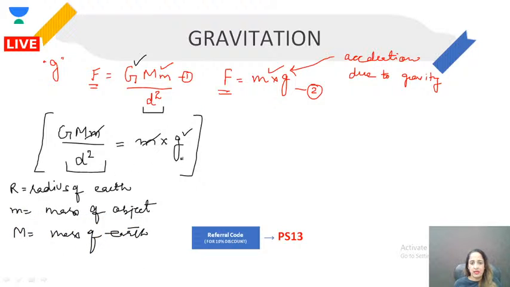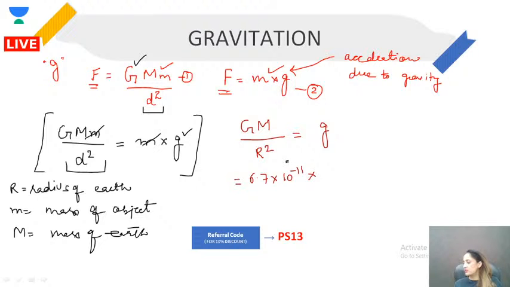Okay, so now as I said, GM divided by r square is equal to g, right? Because the radius of the Earth is too large as compared to the distance from the center of your object. So the value for G would be 6.7 into 10 to the power minus 11, and I will not write down the units, just to omit confusion. 6 into, that is the mass of the Earth, 10 to the power 24 kgs, divided by, I'm just taking these numbers from the book because I don't remember them, the radius of the Earth, square.